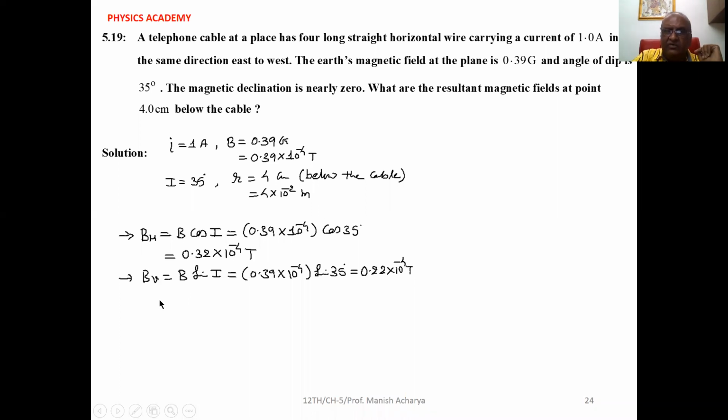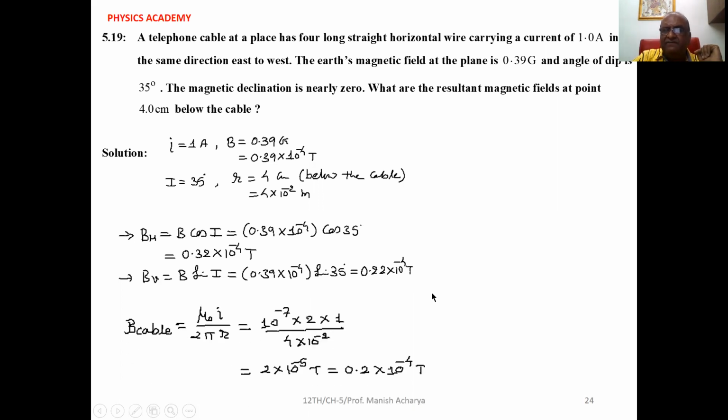Now from that calculate vertical component also. So B sin I, 0.39 into 10 raised to minus 4 into sin 35, solve it, you will get 0.22 into 10 raised to minus 4 Tesla.